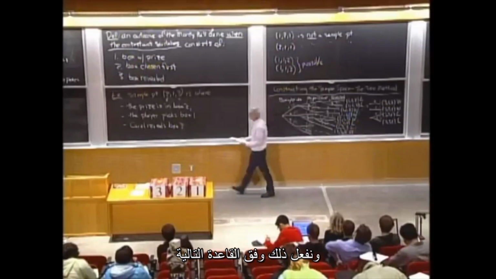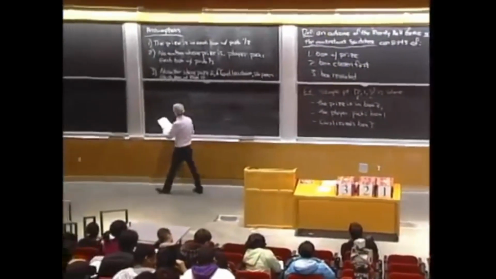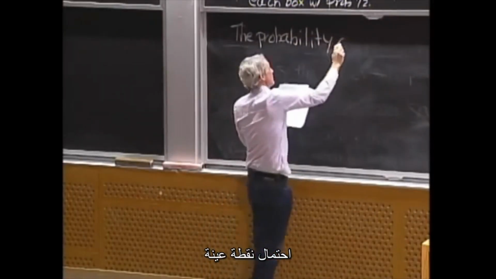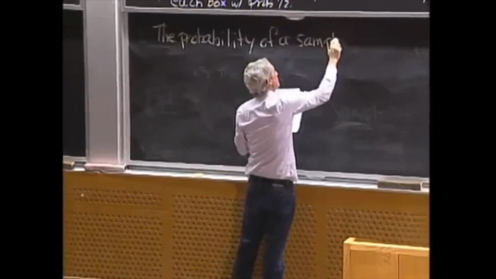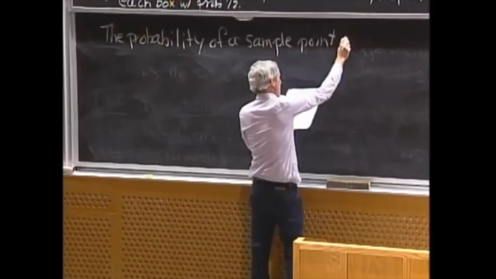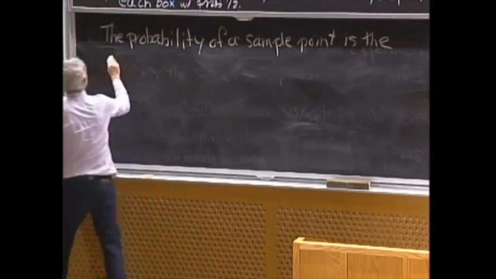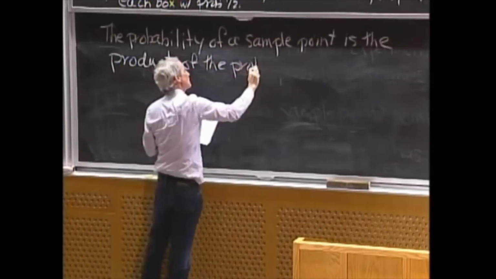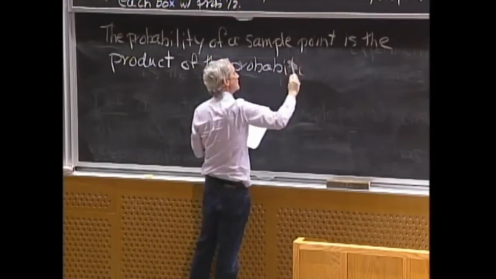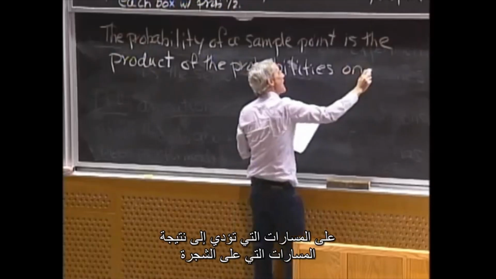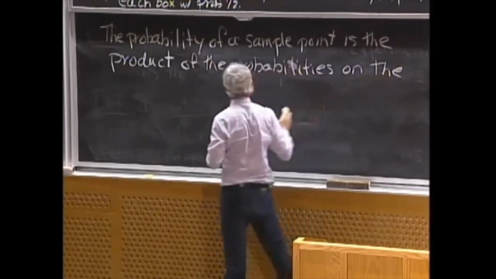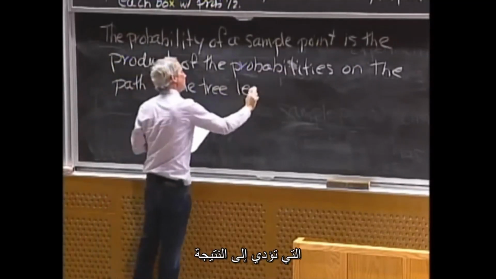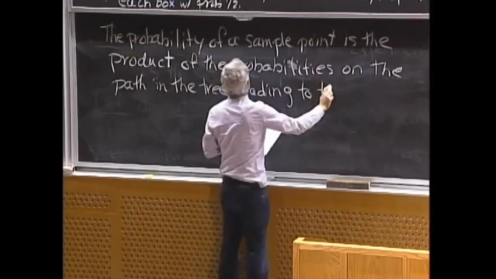And we do that with the following rule. The probability of a sample point is the product of the probabilities on the path leading to the outcome, the path in the tree, leading to the outcome, or the sample point.